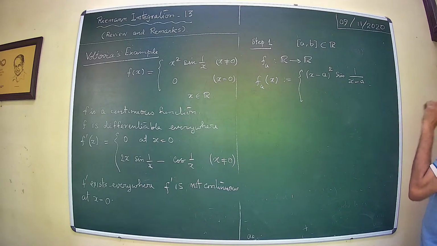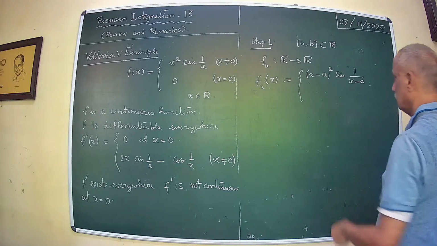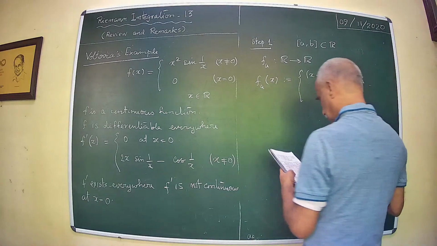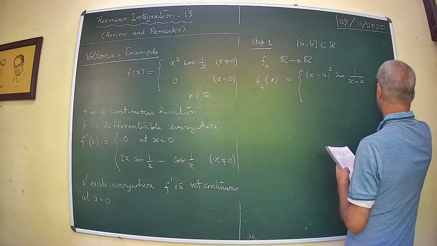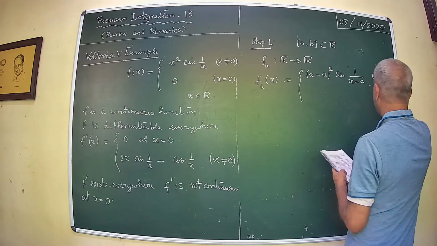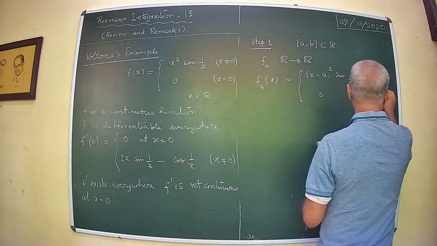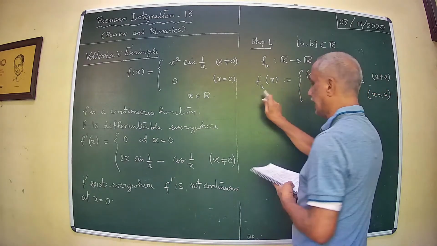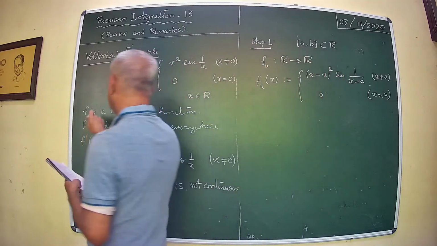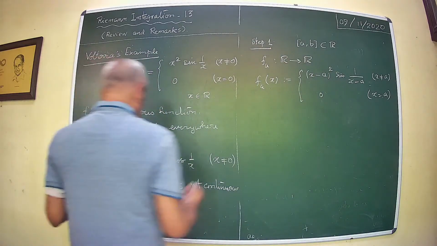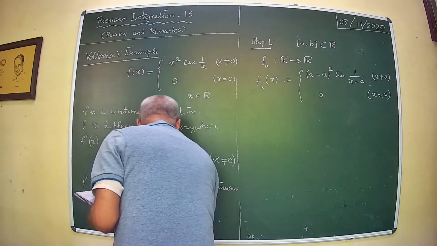This is actually shifting this function to a, when x is not equal to a, and this is equal to 0 at x equal to a. This is actually the translate of f. So let us see the graph of this function.